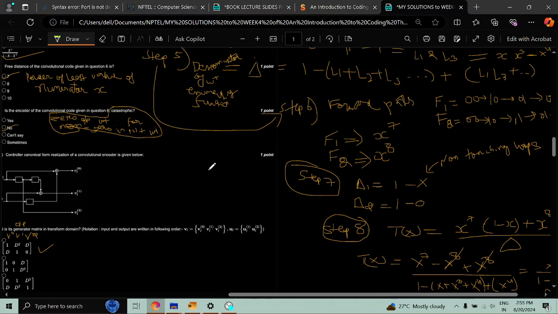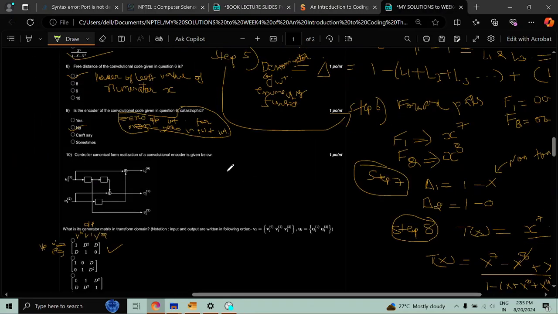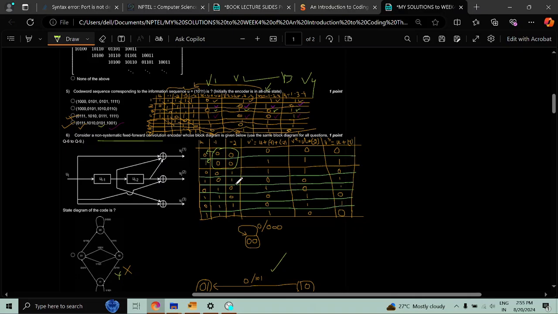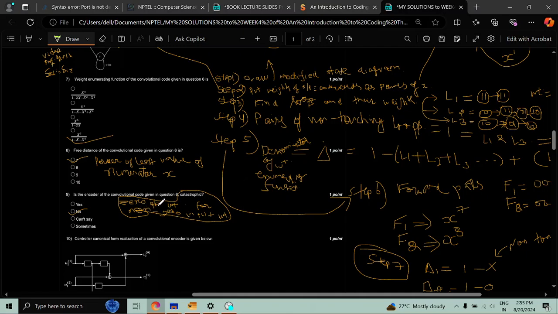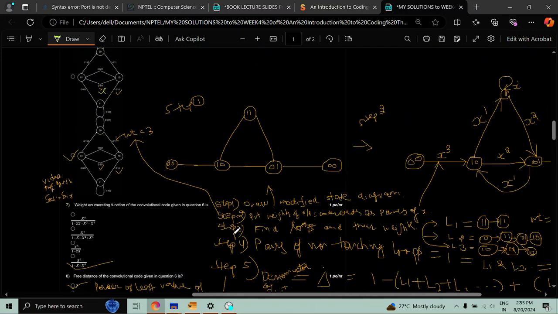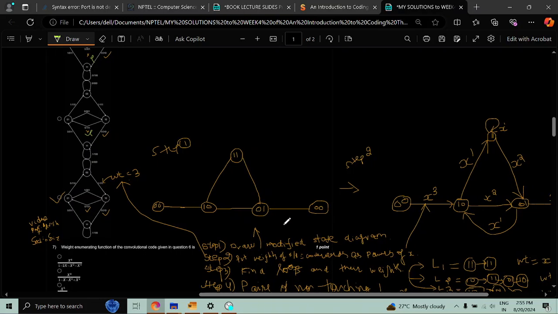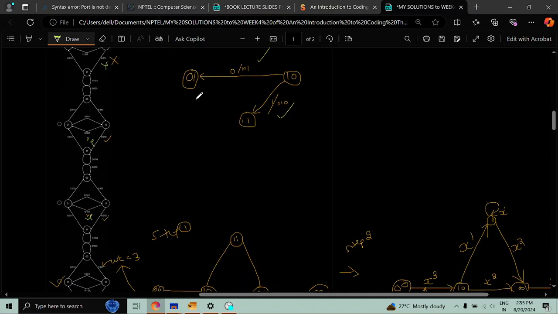This can be checked from, I think how I did it was, I looked here in the state table for 0 output weight for non-zero input weight.